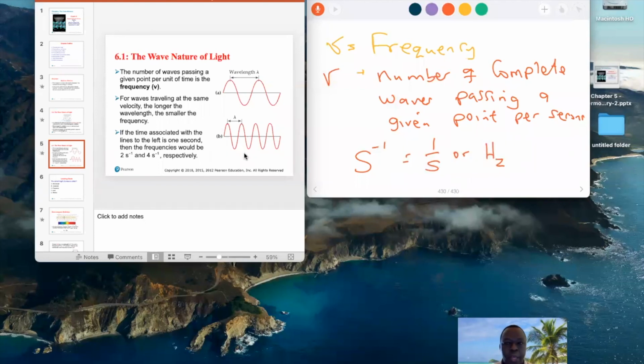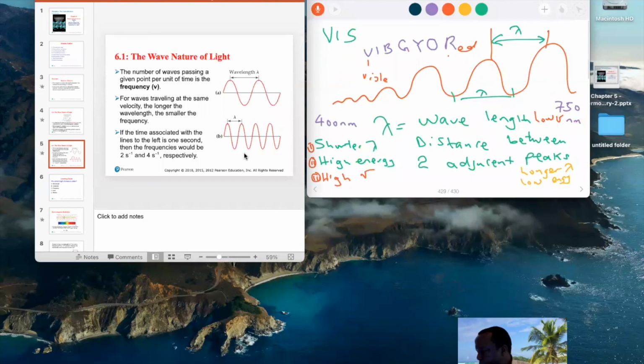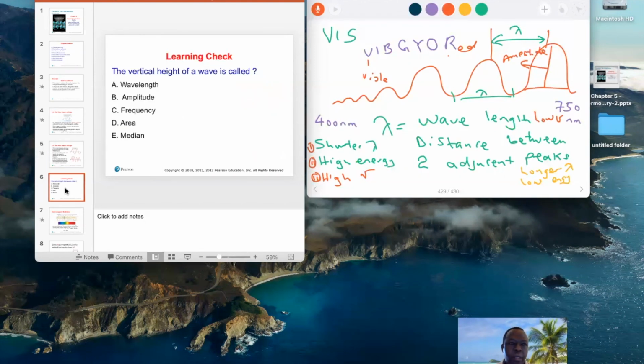So I've covered the properties of light, that it has a wave. There is what we call the amplitude, which represents the intensity. This is the amplitude, right here, and it just indicates the intensity of light.